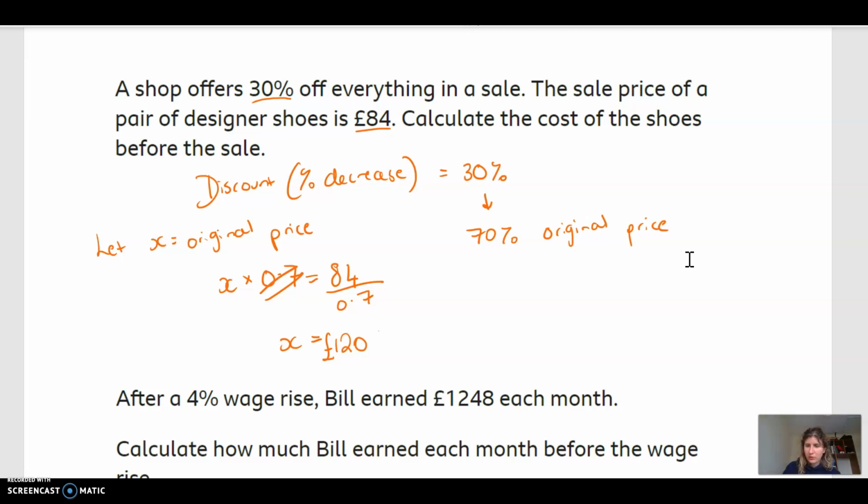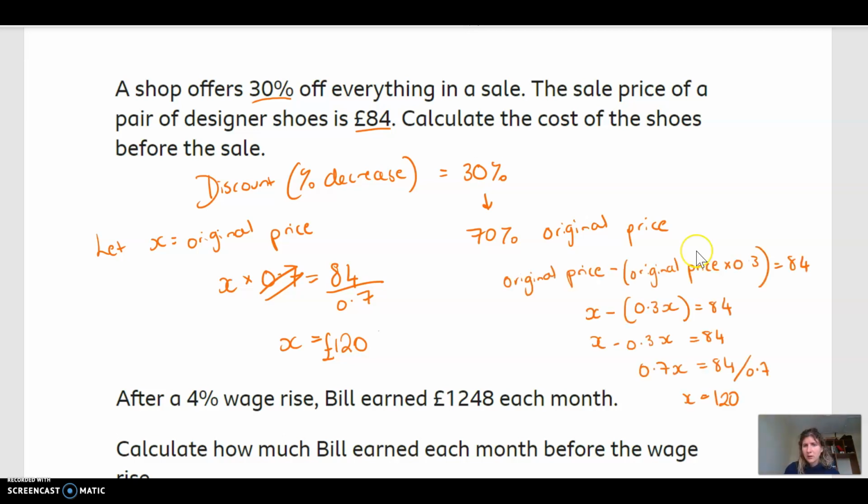But I will show you how to do it, so just give me a second. Okay, so I've just written this other method on the side here, and again, I don't love it for working on a reverse percentage. You remember that if we're working out the other way, we take the original price and then subtract the original price times the discount, and that equals the discounted price. So if my original price is X, then the original price times 0.3 is 0.3x, which equals 84.